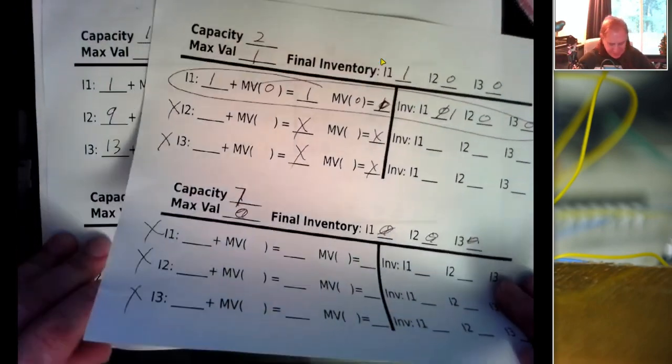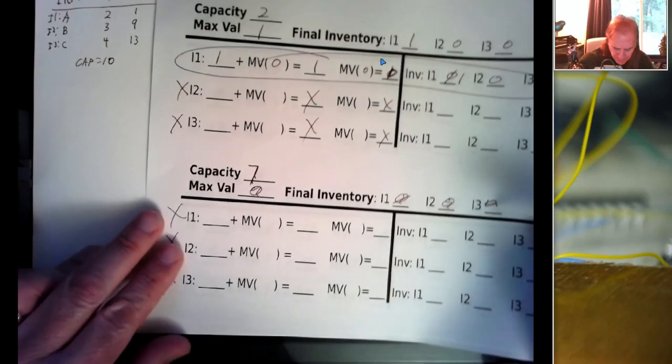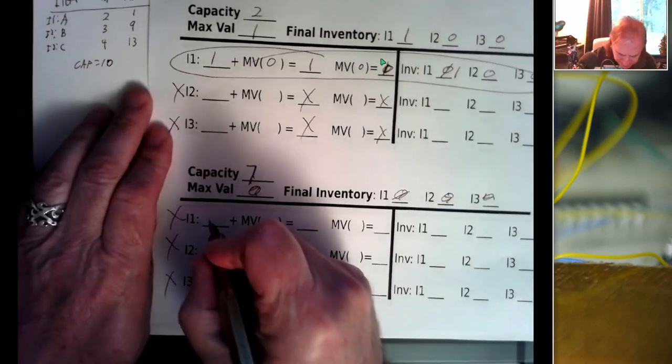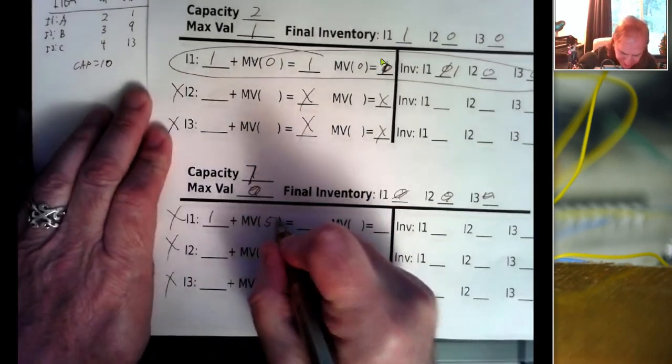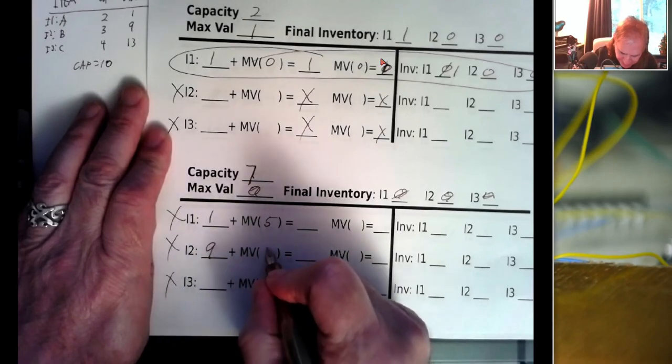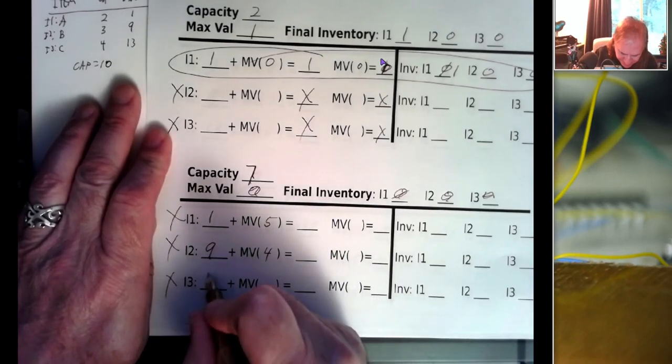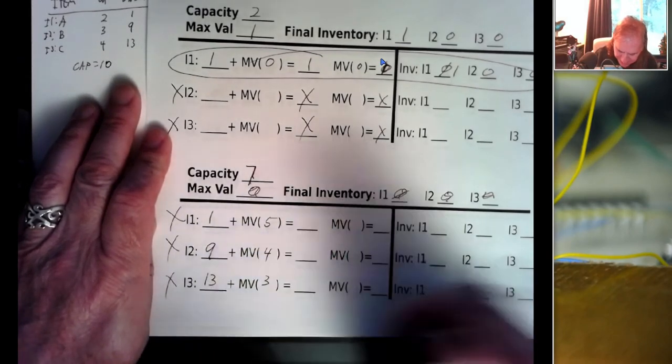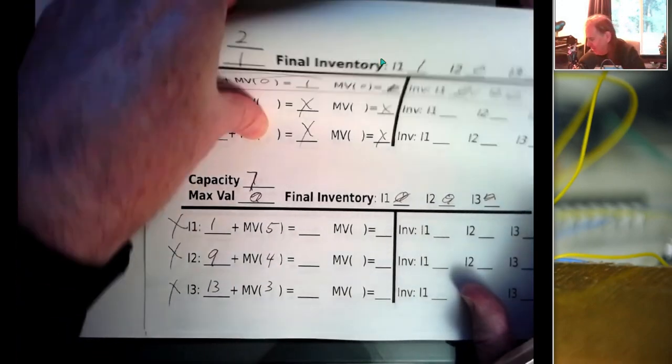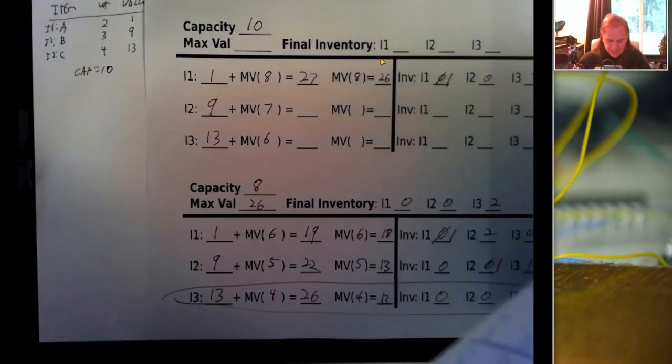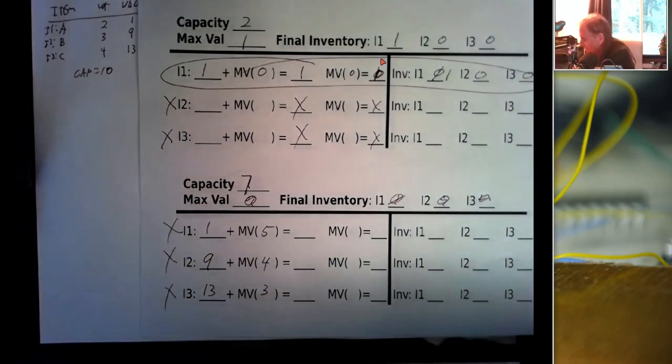So max val of 7. Well, it could be the value of item 1 plus max val of 5, the value of item 2 plus max val of 4, or the value of item 3 plus max val of 3. And I believe we've got all of our required recursive values calculated now.